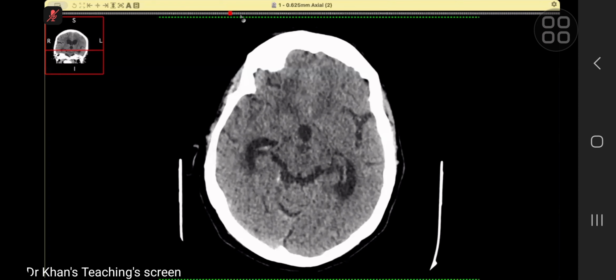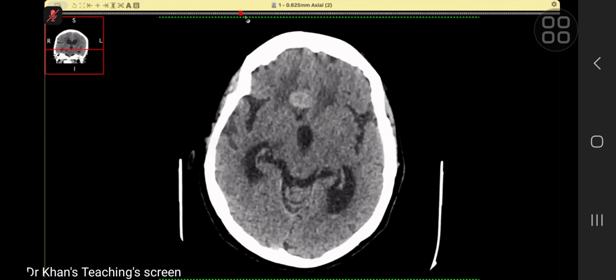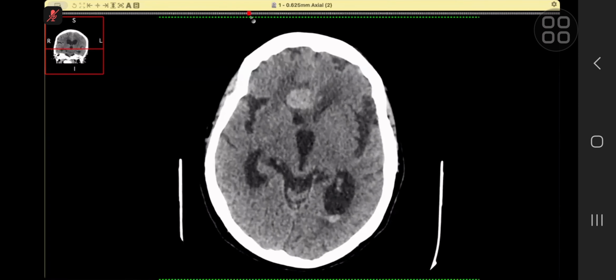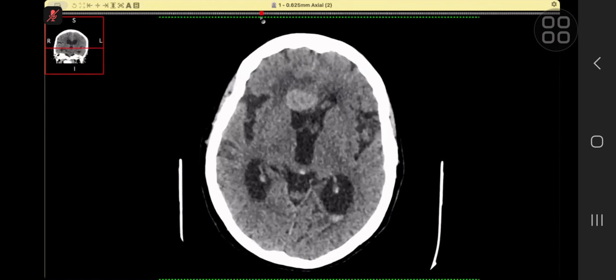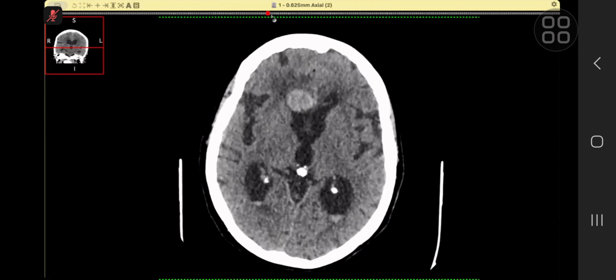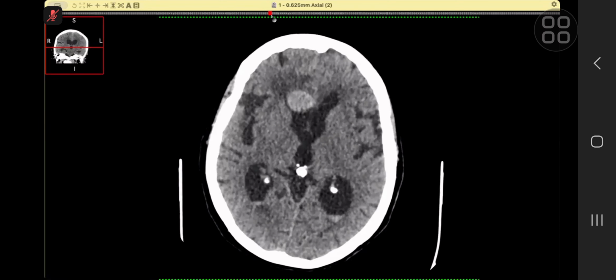Both the ventricles appear prominent. There is evidence of a hyperdense area seen in the right frontal region. There is also evidence of intraventricular extension of the hematoma in occipital horns of bilateral lateral ventricles.